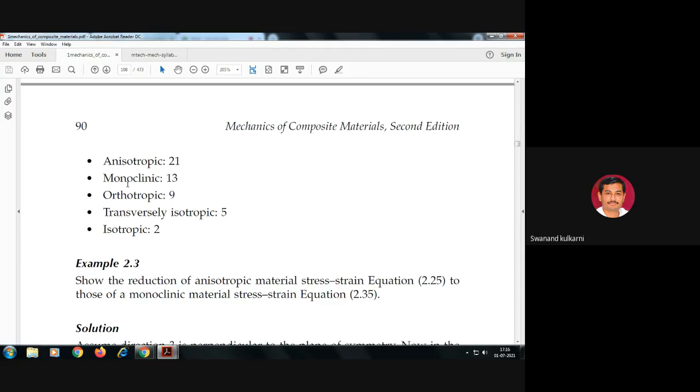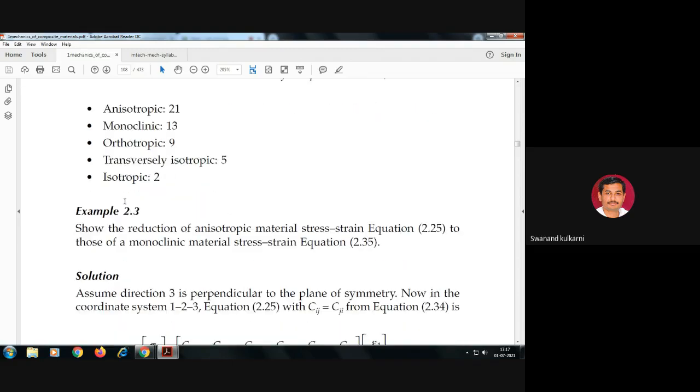Whenever the material is monoclinic, we require 13 independent elastic constants. Whenever the material is orthotropic, we require 9 independent elastic constants. When the material is transversely isotropic, we require 5 independent elastic constants. And for isotropic material, 2 independent elastic constants are sufficient.